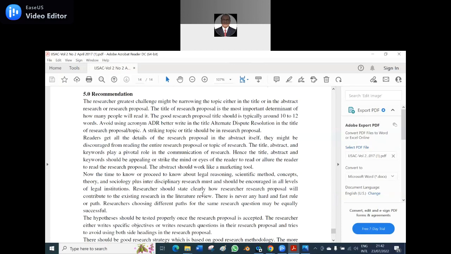Okay, now it's time to proceed to know about legal reasoning. What would be the legal reasoning? It should be very much clear. And the scientific methods, concepts, theories, and sociological plus interdisciplinary research: law and sociology, law and economics, law and philosophy, law and medicine, medical jurisprudence.